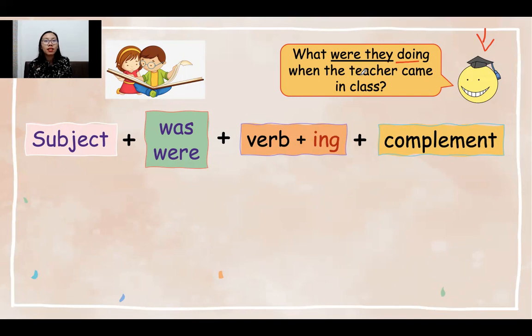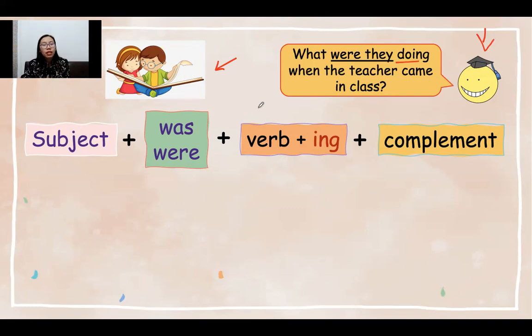Came in class means, for example, the teacher is here. When the teacher came. So what were they doing when the teacher came? What do you think?